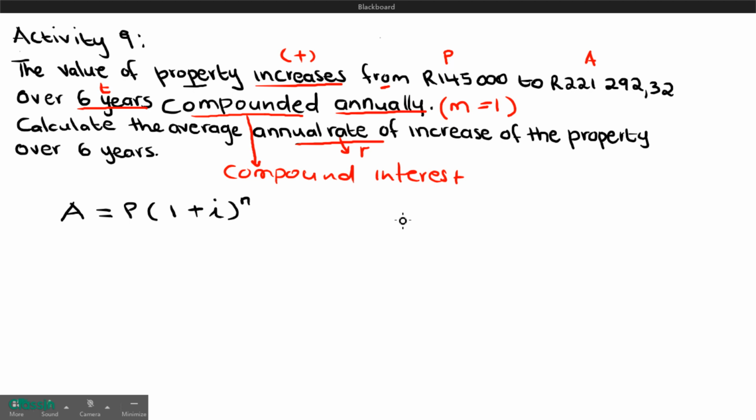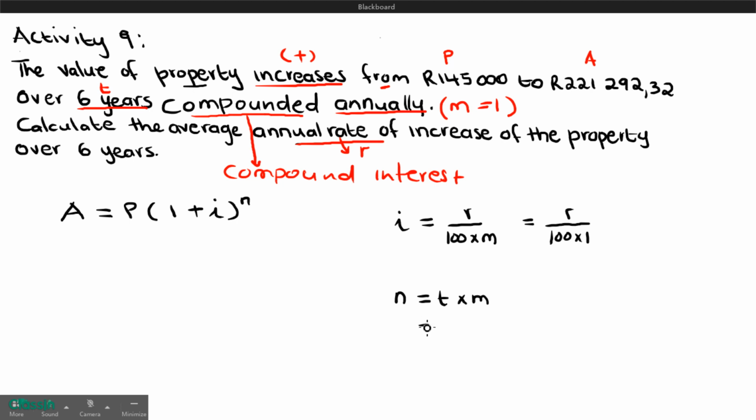Now when we break down our values, the value of I, we said, is the same as R over 100 multiplied by M. And the value of N, we agreed, is T multiplied by M. Now on the value of I, I'm going to write R, because that is what we are calculating, multiplied by 100 multiplied by your M. It says annually, therefore multiply by 1.